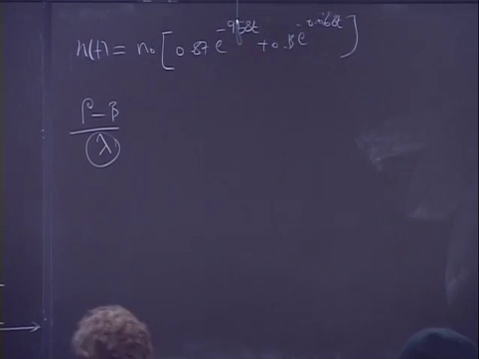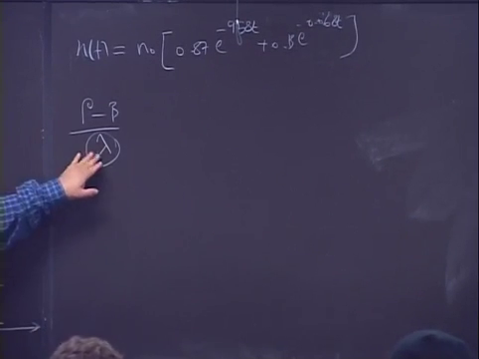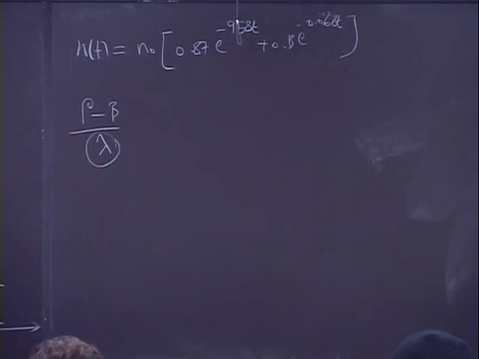So your period now has lambda in it. What's lambda? The delayed neutron precursor decay constant. So your period will be proportional to the decay time of the delayed neutron precursors.